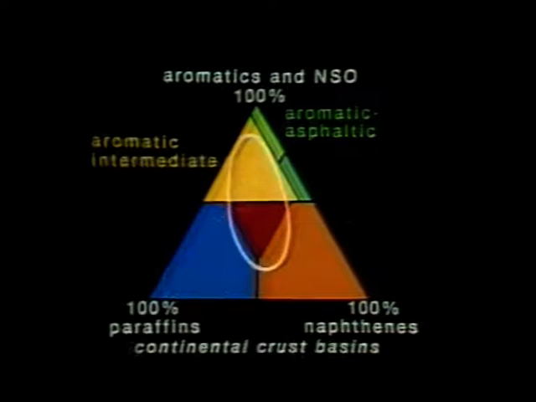margin types. Marine carbonates, or clastics deposited in restricted silled basins, contain marine-sourced kerogens and tend to yield high-sulfur aromatic intermediate to asphaltic crude. This would typically occur in basins formed over continental crust, such as rifts, and some cratonic basins.